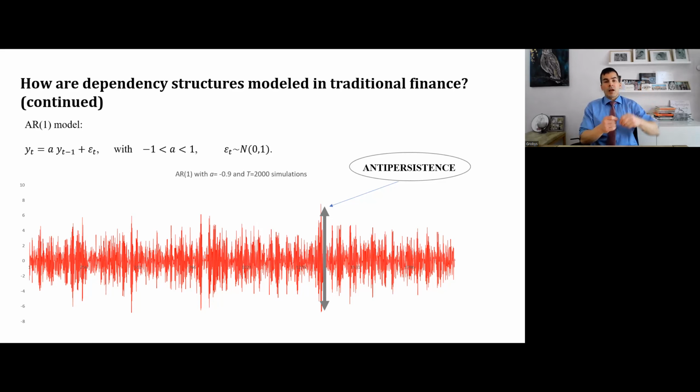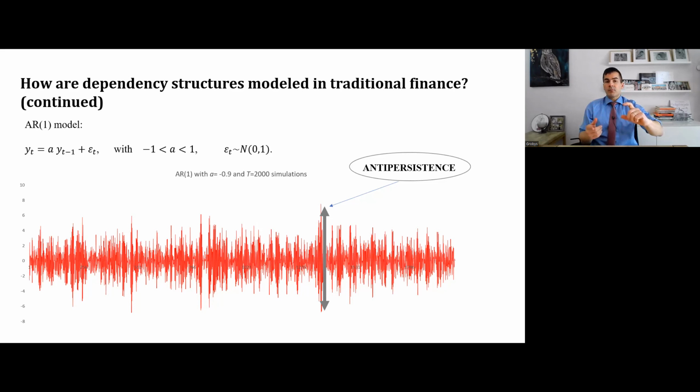Each large deviation is followed by another large deviation. But the interesting thing is that this process bounces back all the time. So let's say you have an observation that is in one period 2 standard deviations away from the mean on the positive side, plus 2 standard deviations.